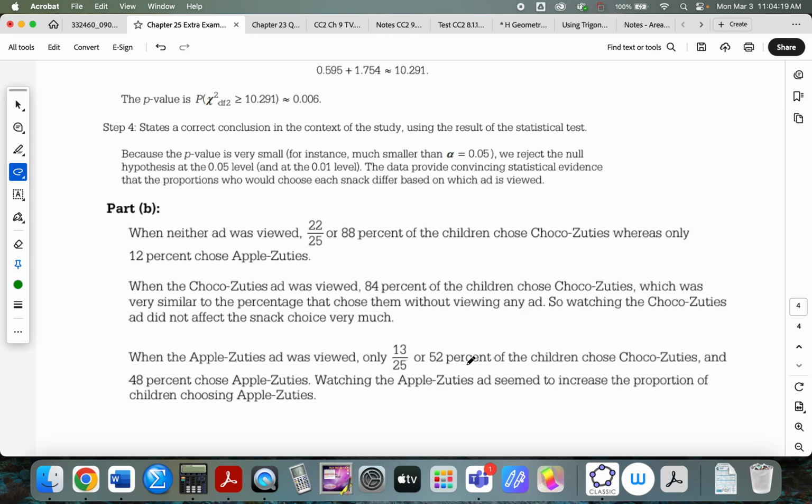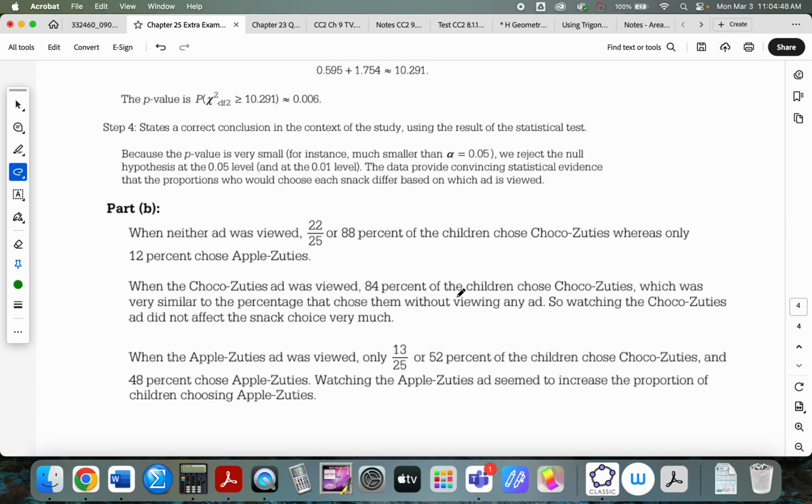Like, on the chart. If you're looking at people who chose Choco Zooties in group C, you just do 22 divided by 25. Oh, because 22 is where they didn't view either ad. Oh, okay. So that's not that bad. I was overreacting, Mr. Davis. I'm sorry. He does that a lot.